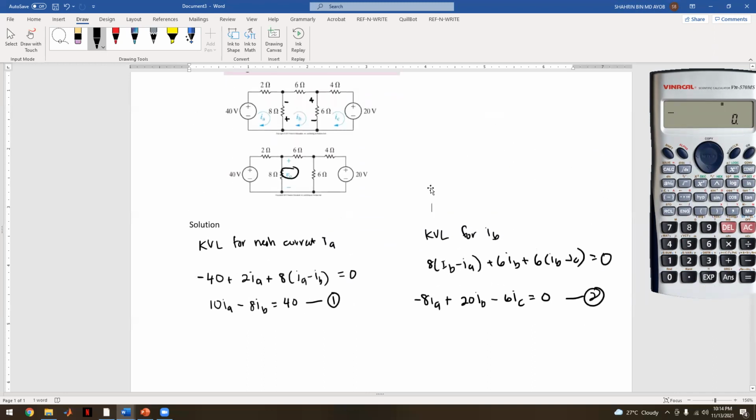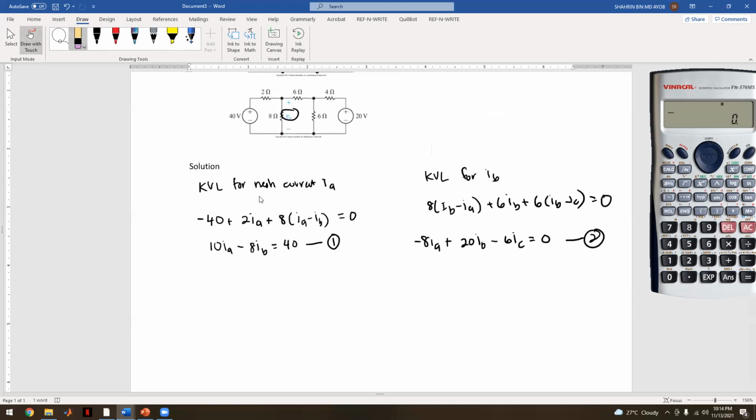Okay. And for the third equation, which is IC, positive like this. So meaning that you have IC and then you have another mesh current IB.